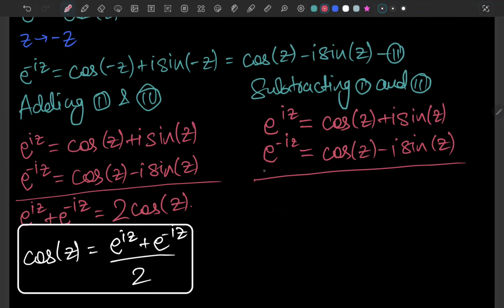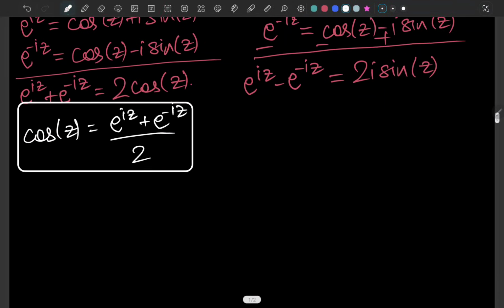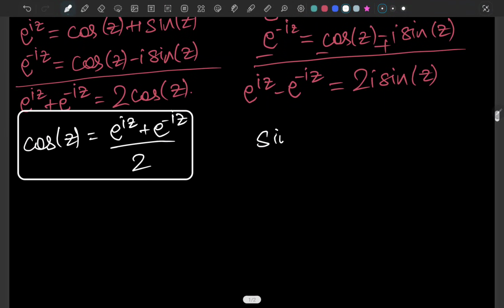Now we subtract, so the signs change, and we again get rid of the two cosine terms, and what we get here is e to the iz minus e to the minus iz equals 2i sine of z. Again isolating sine of z, sine of z is e to the iz minus e to the minus iz over 2i.